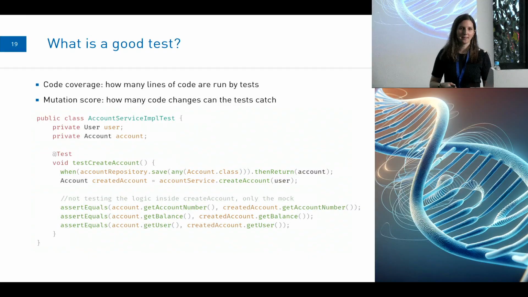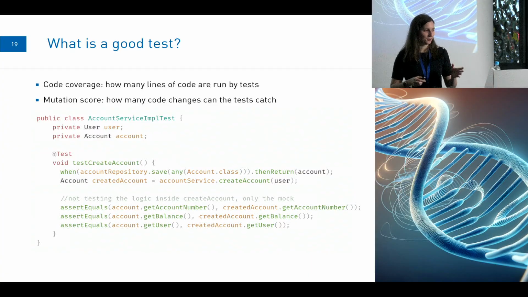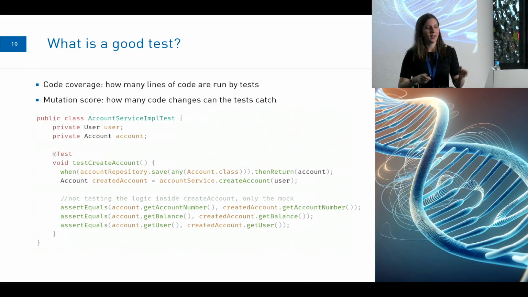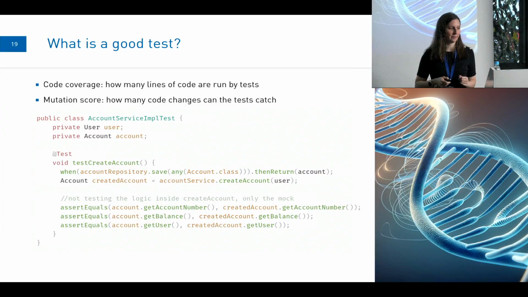What we use instead, which is for some reason a bit more obscure, is mutation score. There are libraries for it, so you don't have to do it yourself. Basically, it takes your production code and makes some changes: it might flip a condition somewhere, change a constant, remove an if, things like that. Then it looks at whether your tests actually break.